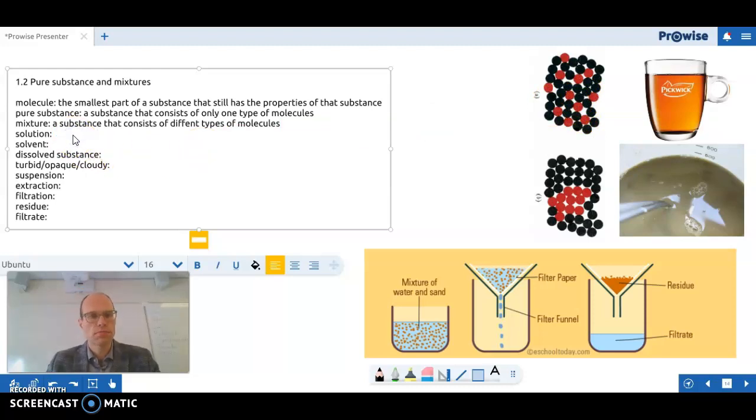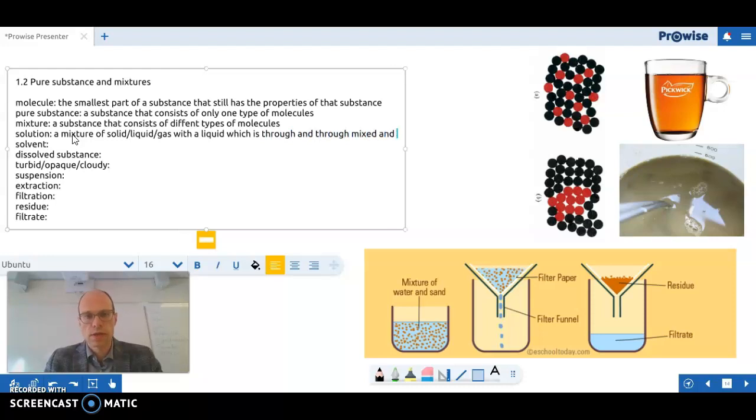It's a mixture of solids, liquid, gas with a liquid, and it's through and through mixed, and it is clear.